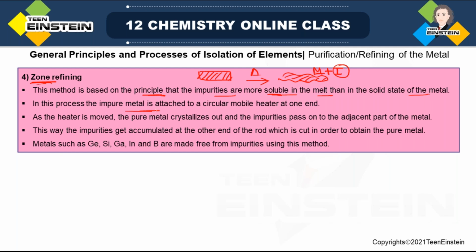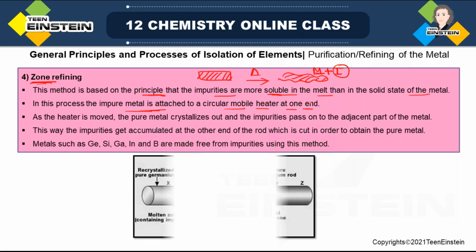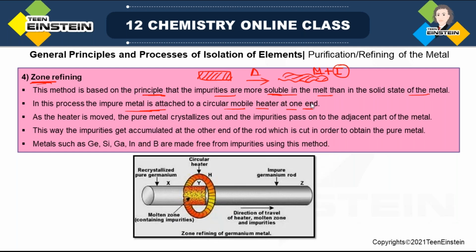So what do we do in this process? In this process, impure metal is attached to a circular mobile heater at one end. Look at this picture. We have taken a circular mobile heater. Mobile heater means the heater can move. This is the source of heat and this is the rod of impure metal.